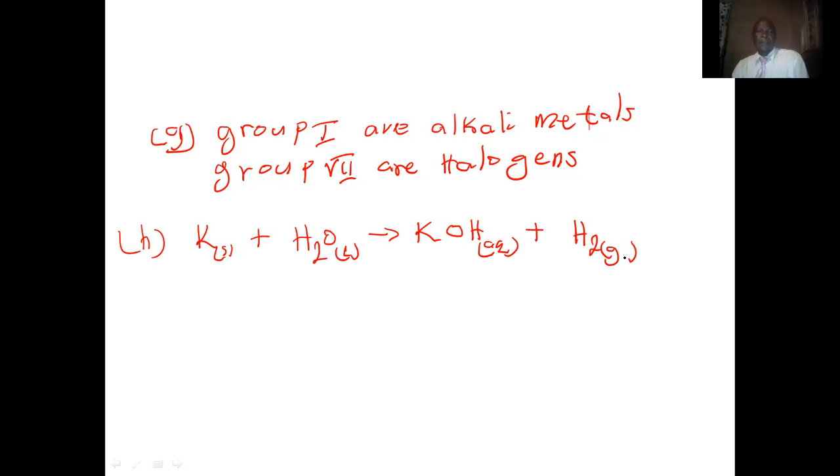So really, when an alkali metal reacts with water, you form a hydroxide and hydrogen is produced.